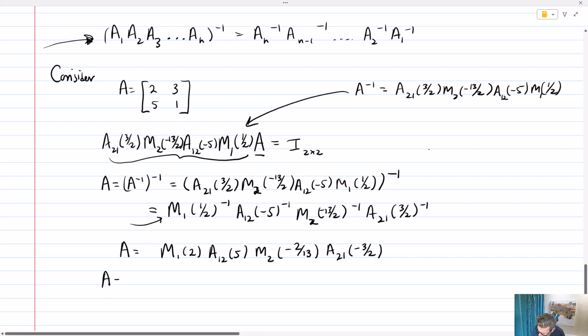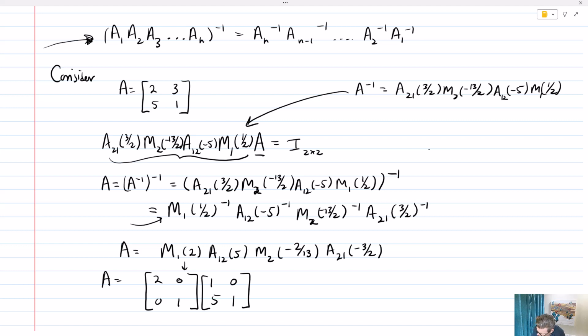So A is going to equal, now I'm going to do each individual one: 2, 0, 0, 1 times, in A21 we're going to put a 5, so this is going to be 1, 0, 5, 1, times 1, 0, 0, negative 2/13, and 1, negative 3/2, 0, 1.